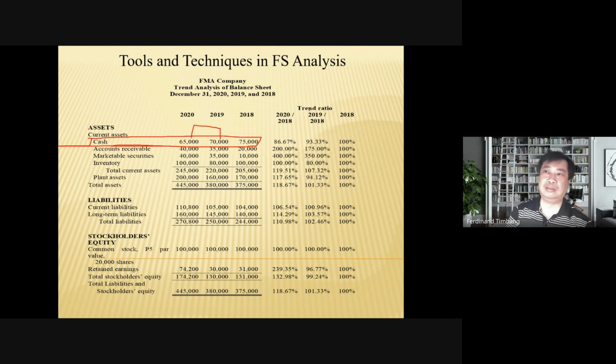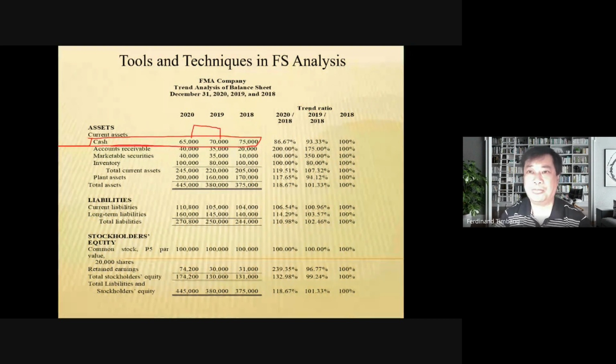Kasi, like what I said, the financial statements can be manipulated. Kayang-kayang i-manipulate yan. They can always window dress the financial statements. So, although we're looking for the audited financial statements, still, it can be window dressed by the auditors.